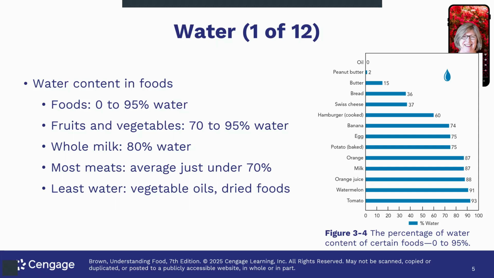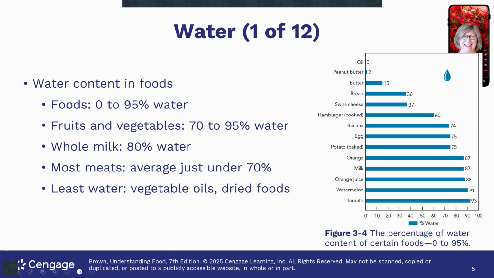Now, that explains why oil and fats in general are the highest caloric value food group density. Okay, so fruits and vegetables generally will be 70 to 95% water.